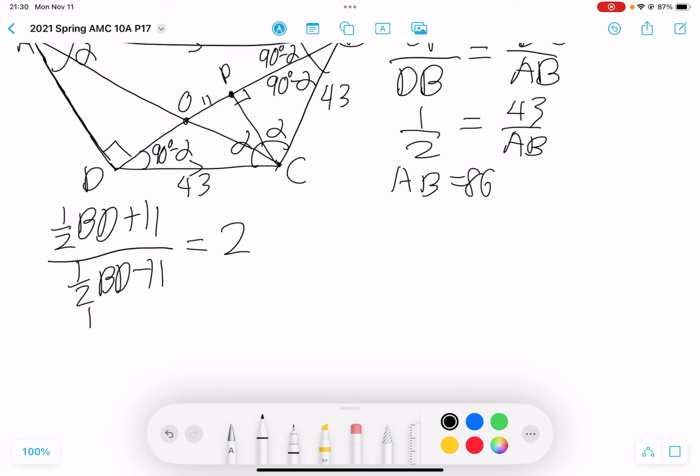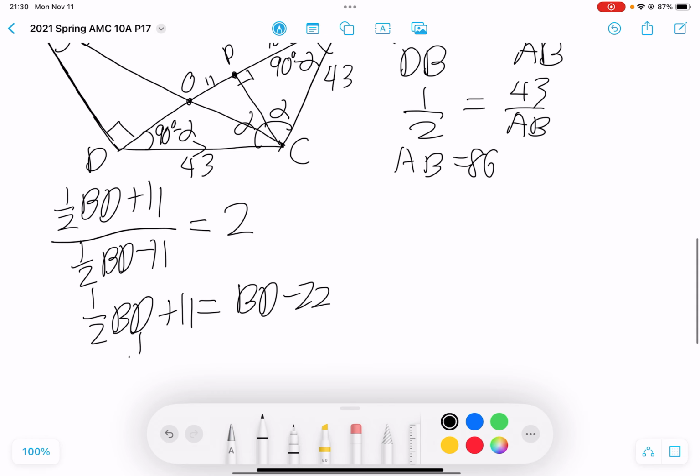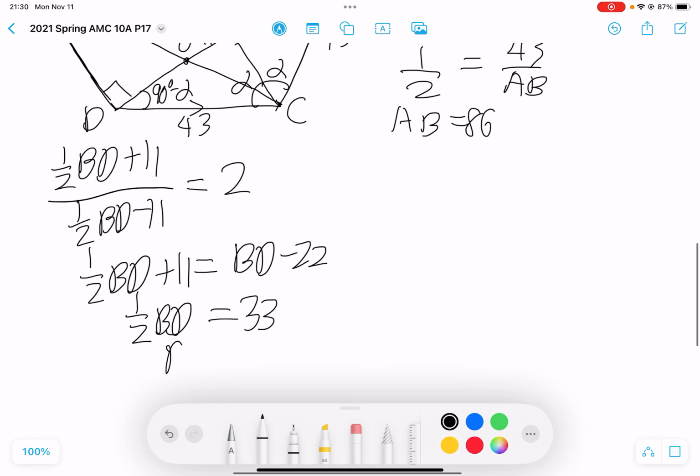So if we solve for this, we multiply both sides by 1/2 times BD minus 11. Then we know that 1/2 times BD is 33 and BD is 66.